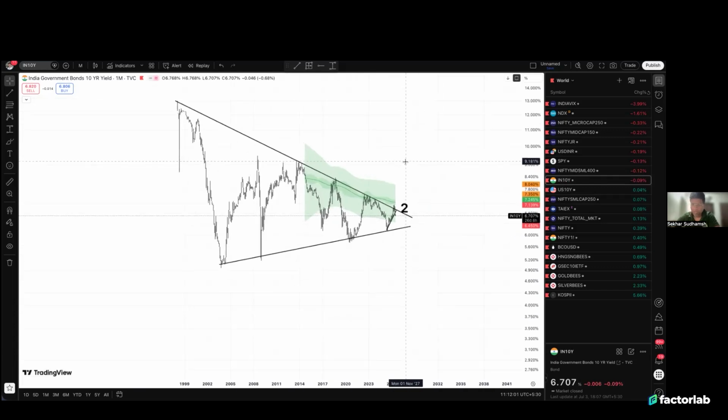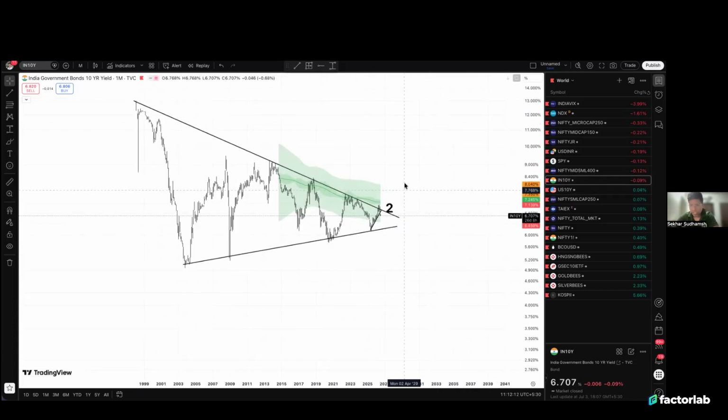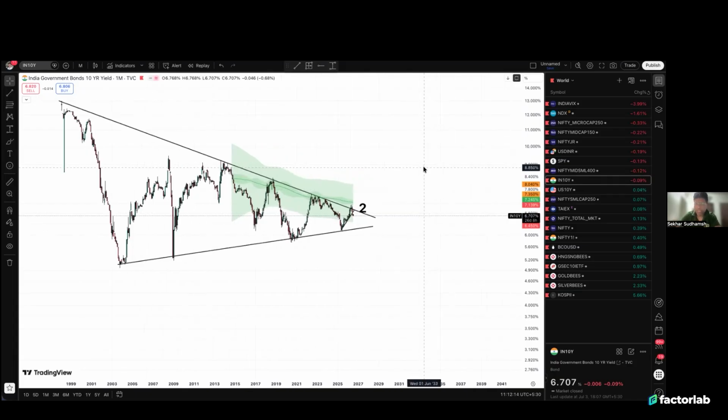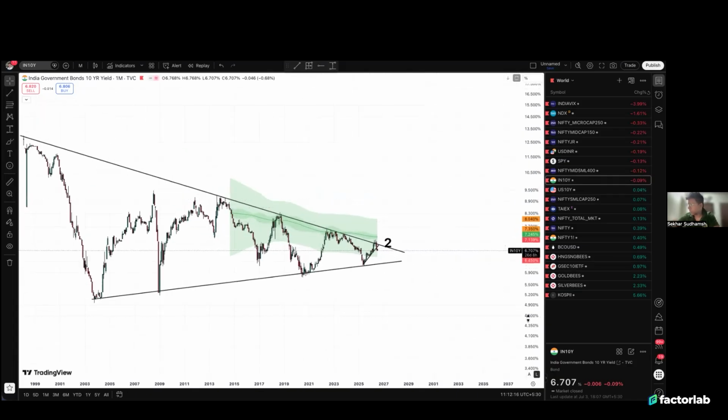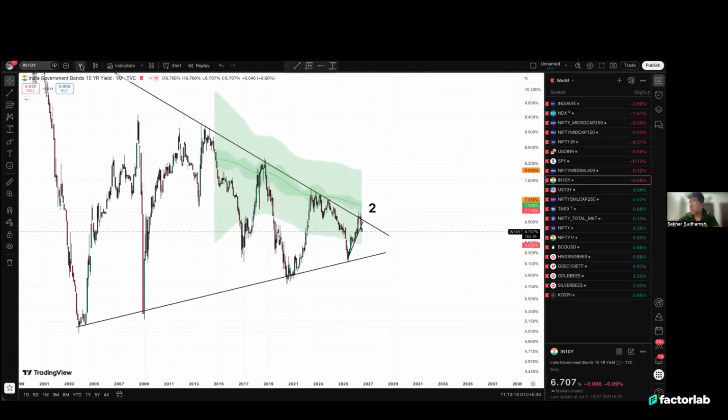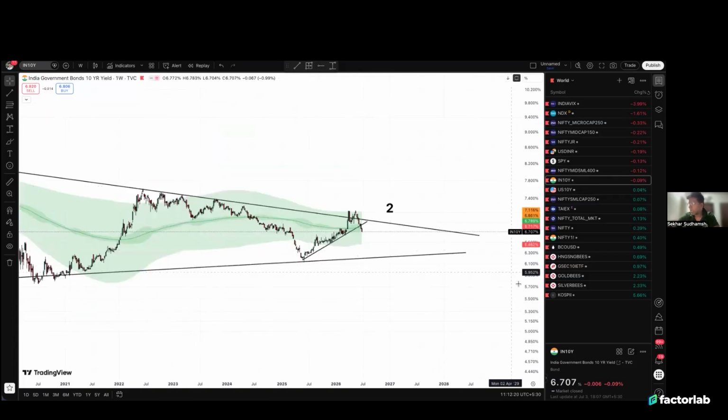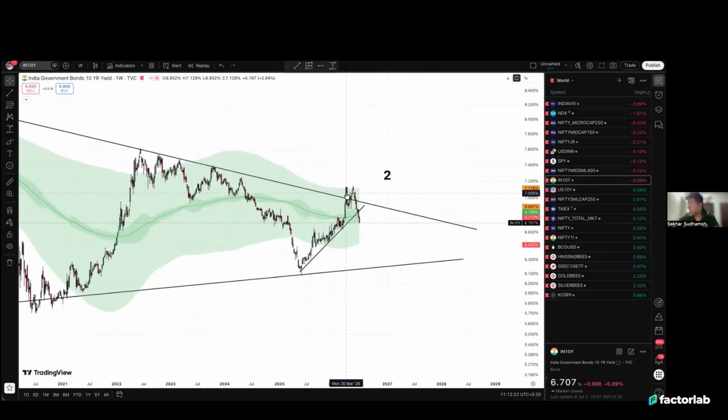In the Indian context also, we were seeing a reduction in the interest rates over the last 20-25 years. Of late, what has happened is the interest rates were in a decreasing spiral on a monthly chart. In mid of March and April, we saw that the interest rates have started to spike.